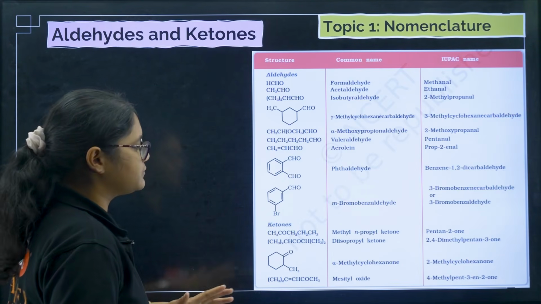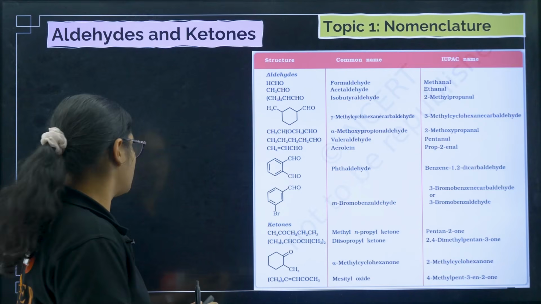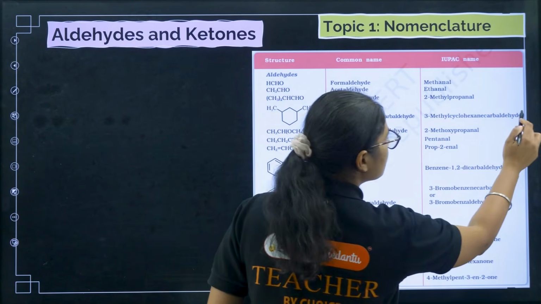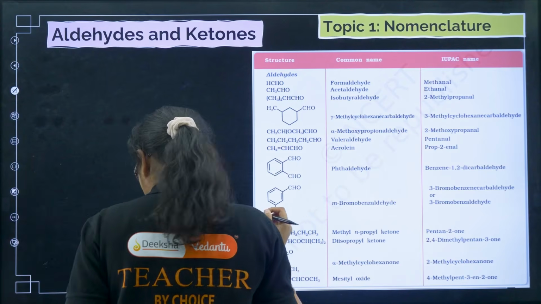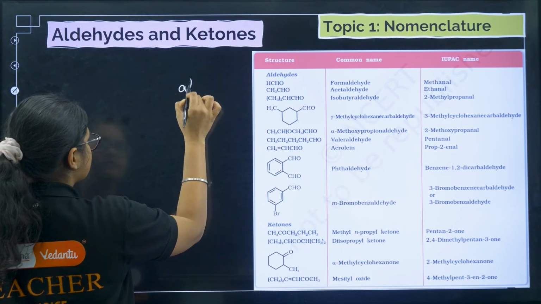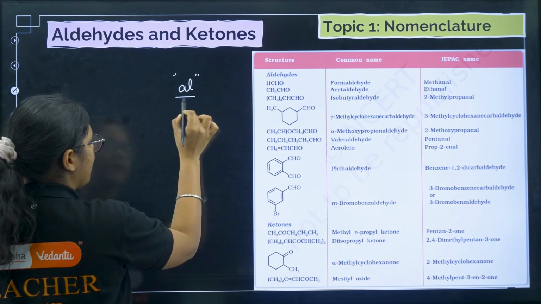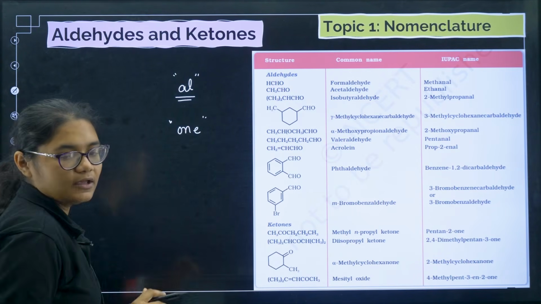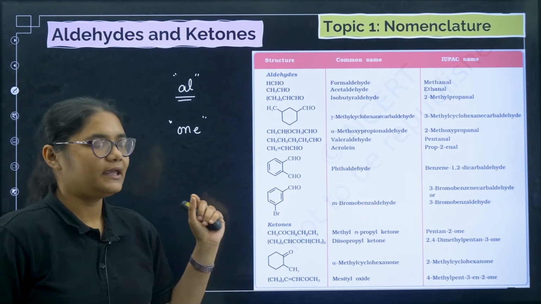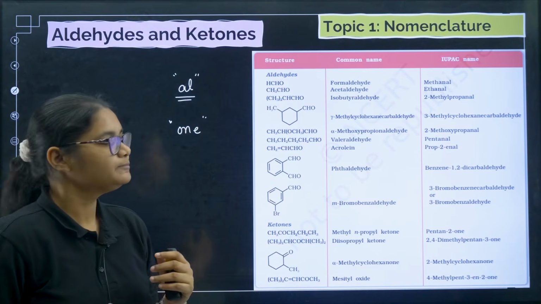Next, coming to the IUPAC name. For aldehyde the suffix used is 'al', meaning the name ends with 'al', and for ketone it ends with 'one'.